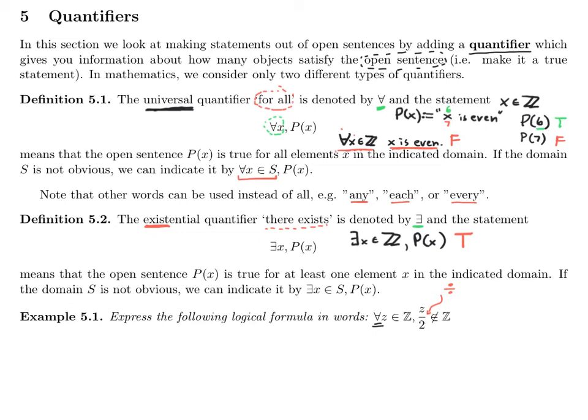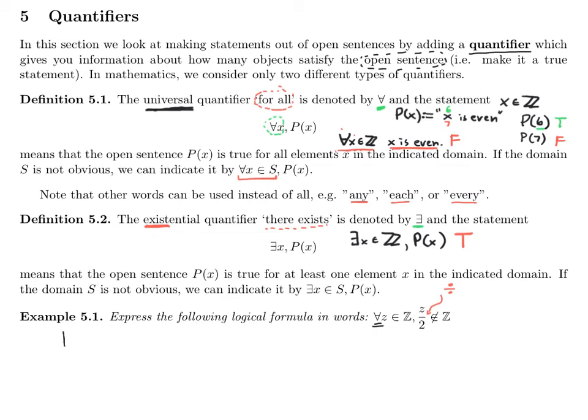Well, that is, it's not in the set. Really, any symbol that has a cross through it means it's not that. So this means that z over 2, z divided by 2, is not in the set of integers, is not an integer. So let's put that all together.